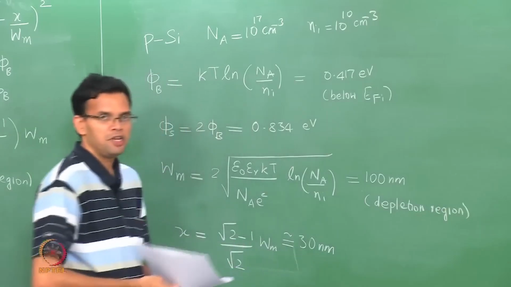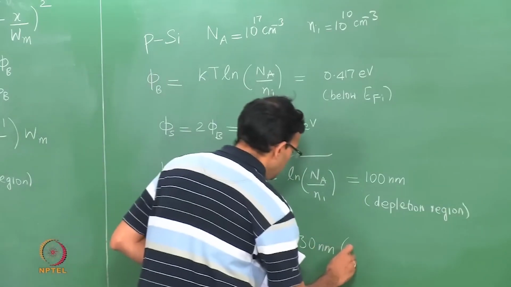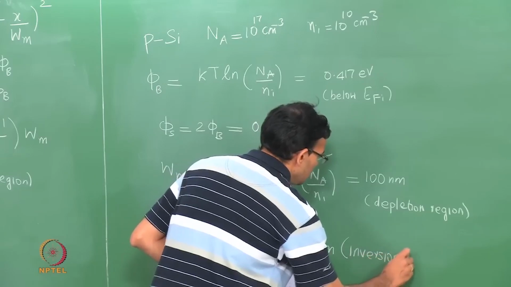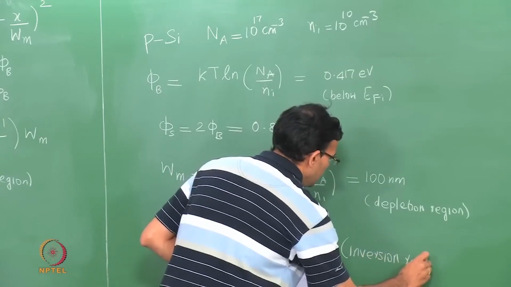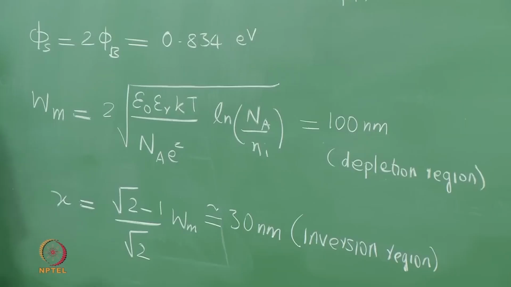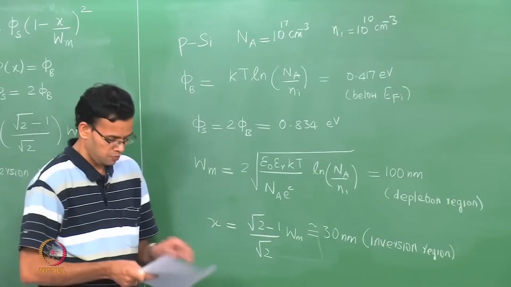Within this depletion region you have an N channel, which is your inversion region, which is approximately 30 nanometers wide. If you increase the value of Na, so you make your material more p-type, the total width of the depletion region will reduce, and correspondingly the width of the channel will also reduce.